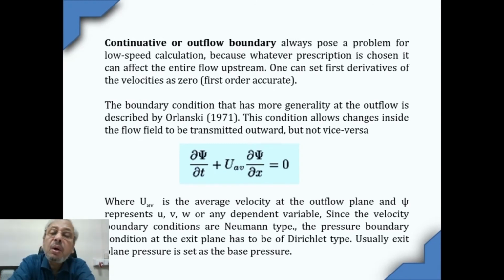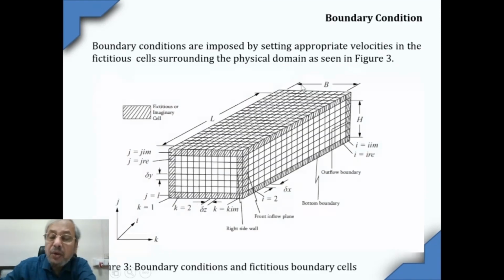Now, one can very easily imagine a set of conditions like first derivatives of velocities as 0 in the flow direction. Basically the x direction is the flow direction. So del u del x equal to 0, del v del x equal to 0, del w del x equal to 0.